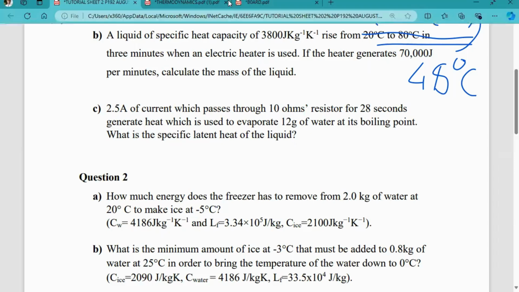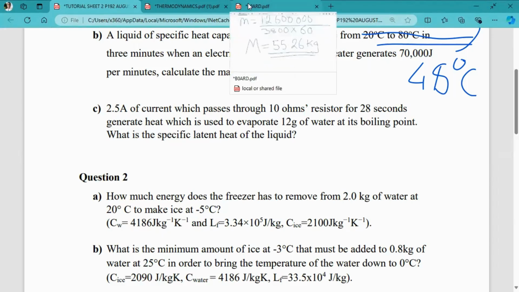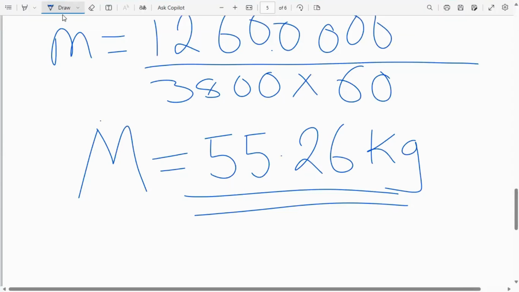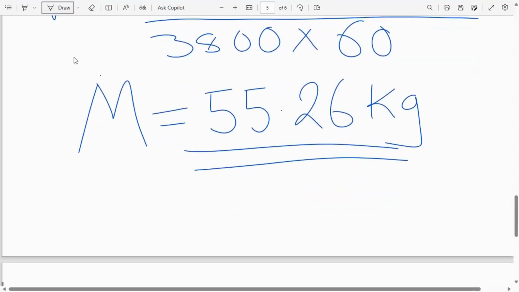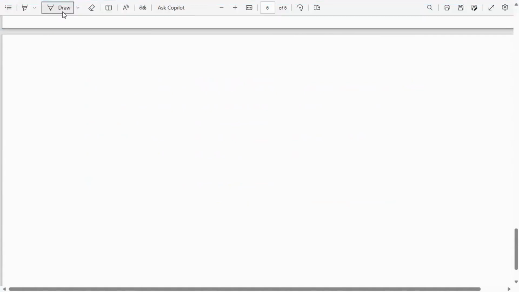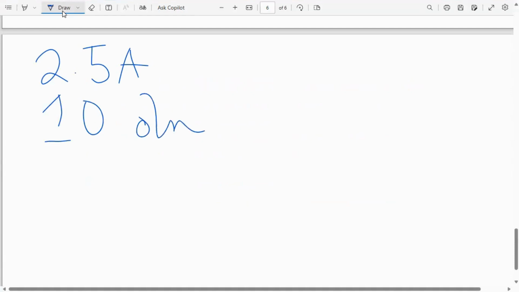Okay, so let's go to our board and collect the data. We've been given a current of 2.5 amps, a resistor which is rated 10 ohms, and this is taking place in a time frame of 28 seconds.